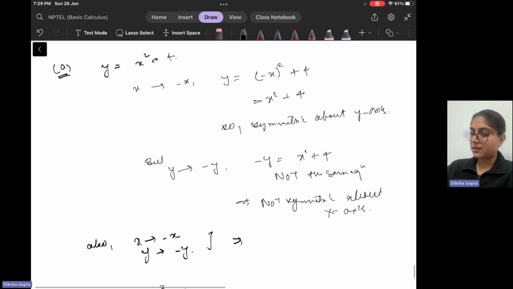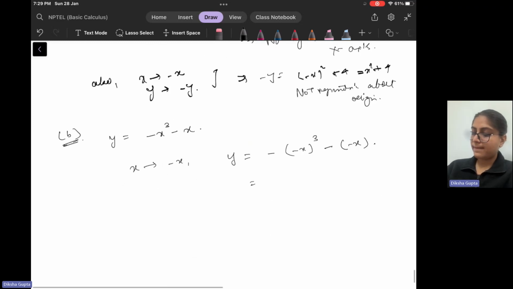Since it's not the same, not symmetric about the origin. Alright, so this is x minus x cube again, plus x cube plus x.